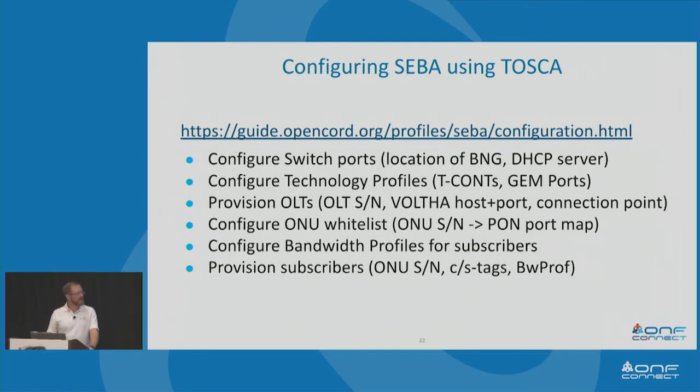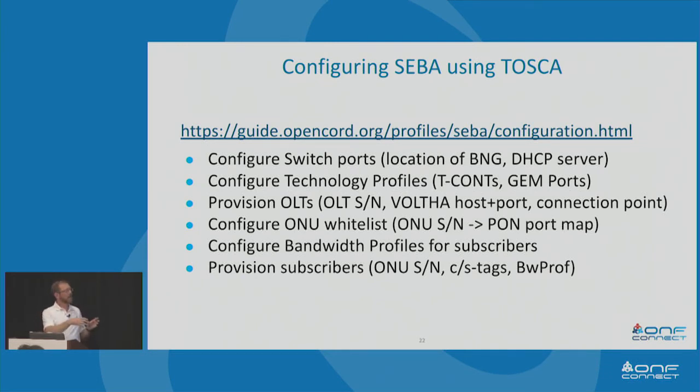You configure information about ONUs, so for instance, what are the serial numbers of the valid ONUs in the system, where they live in the PON network, and that's used to construct a whitelist to make sure that ONUs are in the place that they should be. You configure bandwidth profiles for subscribers, so how much bandwidth each subscriber is allocated.